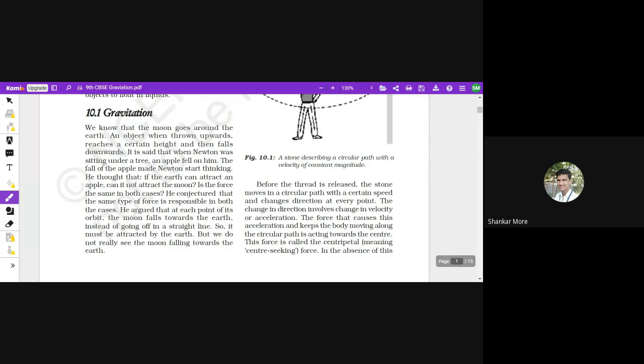He argued that at each point of its orbit, the moon falls towards the earth instead of going off in a straight line. So it must be attracted by earth, but we do not really see moon falling towards the earth. Right? So we all know that moon is also under influence of earth's gravity, right?